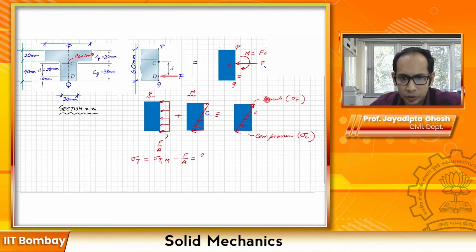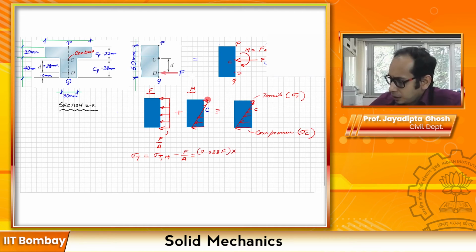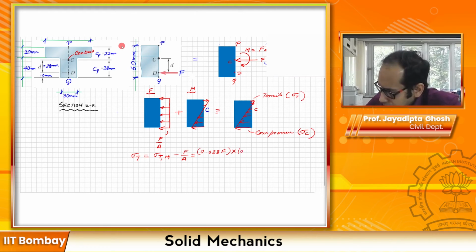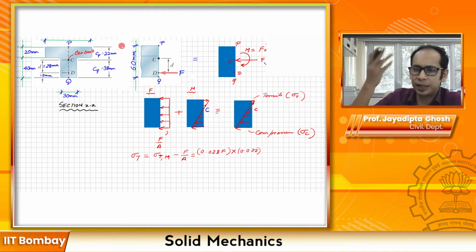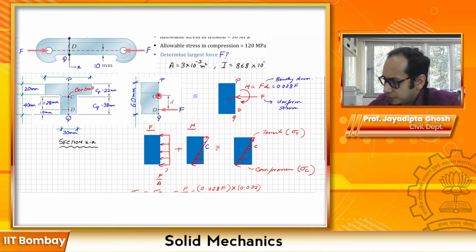It is 0.028 F times this particular distance from C to above, that is 22 mm, so 0.022, because I am writing everything in meters, divided by the I which is given over here.